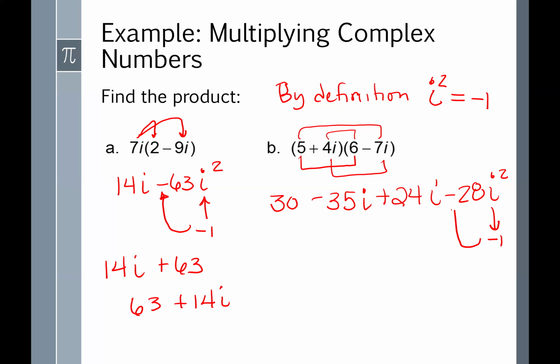And then what does that do? That changes that sign to plus. So we have 30 plus 28, is that 58? Minus, what do we have? Minus 35 plus 24, is that minus 9? No, 11. 35 minus 24 is 11, isn't it?